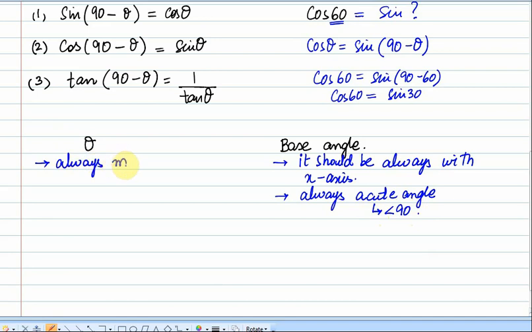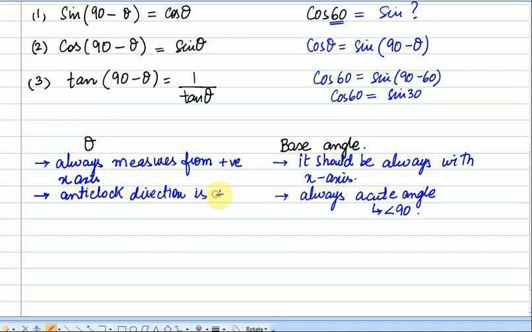If we talk about theta, it is always measured from the positive x-axis, and anti-clockwise direction is positive, clockwise direction is negative.